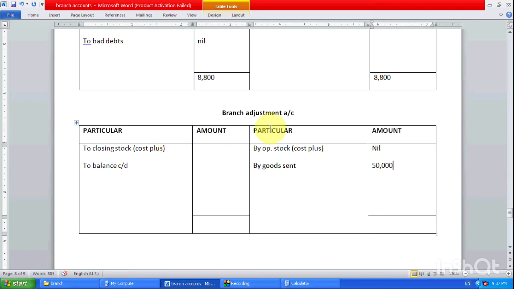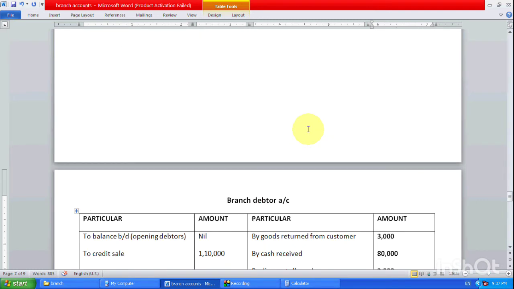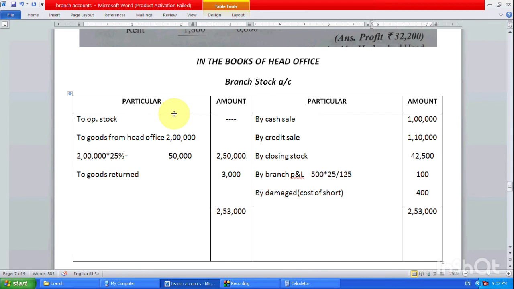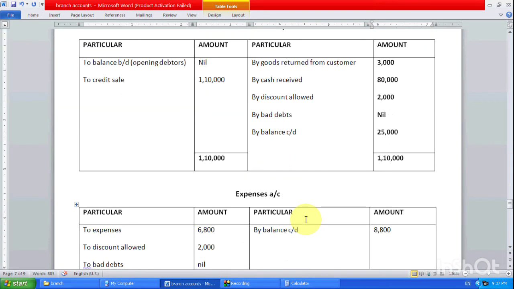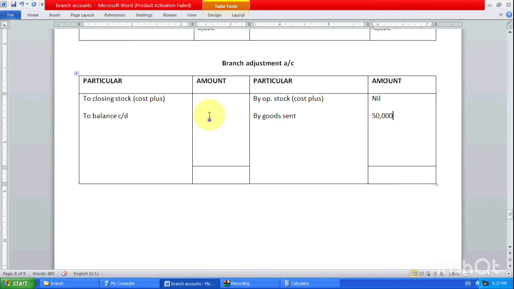Yeah, closing stock, whether it is given or not, it is given in this problem. Closing stock is 42,500. Right here 42,500 for closing stock. 42,500 into 25 divided by 125.